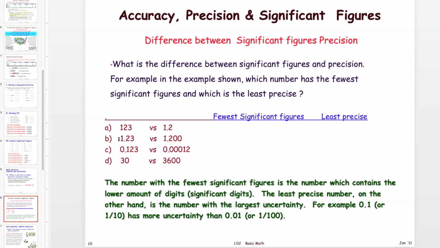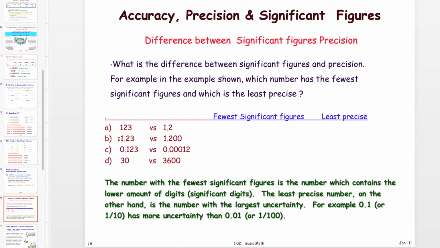Remember, 1.200 has a decimal. So we draw a line from the Pacific. The 1, the 2, the 0 are significant. So that has 4 significant figures. So it's good that you're answering, because then I can correct you. Okay. And that's important because you don't want misconception.